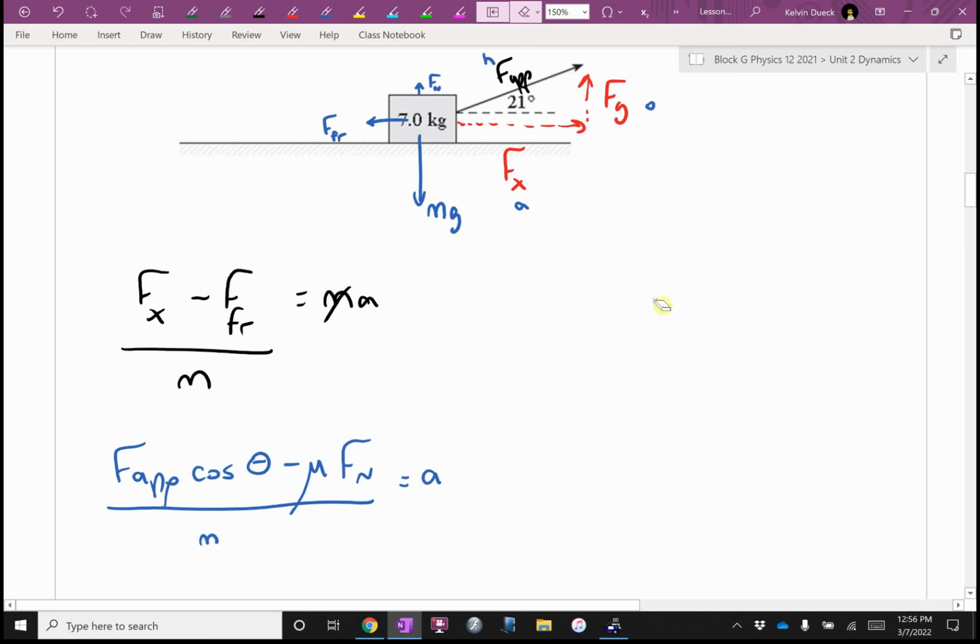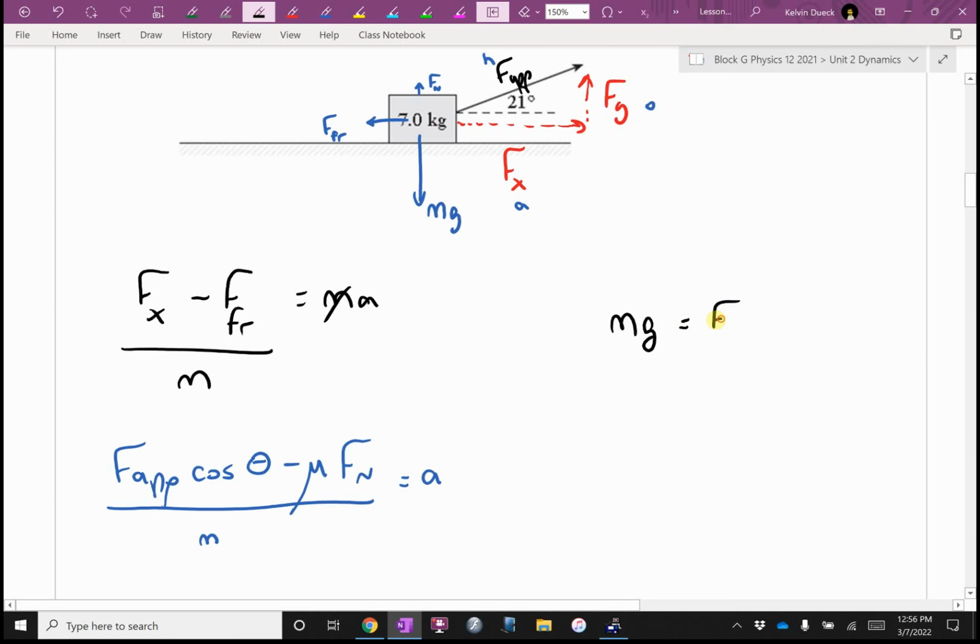Usually I do this next step off in the margin somewhere. I'd like to find an expression for the normal force. I might try doing this expression in my head on my homework, but are we sinking into the ground quick? Are we flying like Superman? What's my vertical equation then? Well, everything down has to equal everything up. Everything down looks like it's mg, and that has to equal everything up.